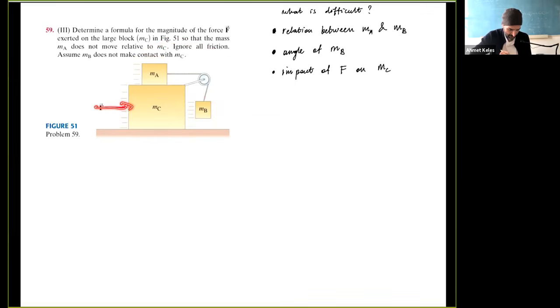Then this F is going to affect all masses. So let's write this. Newton's second law: F x is equal to M total times A, and F magnitude is equal to MA plus MB plus MC times A. This is our first equation.